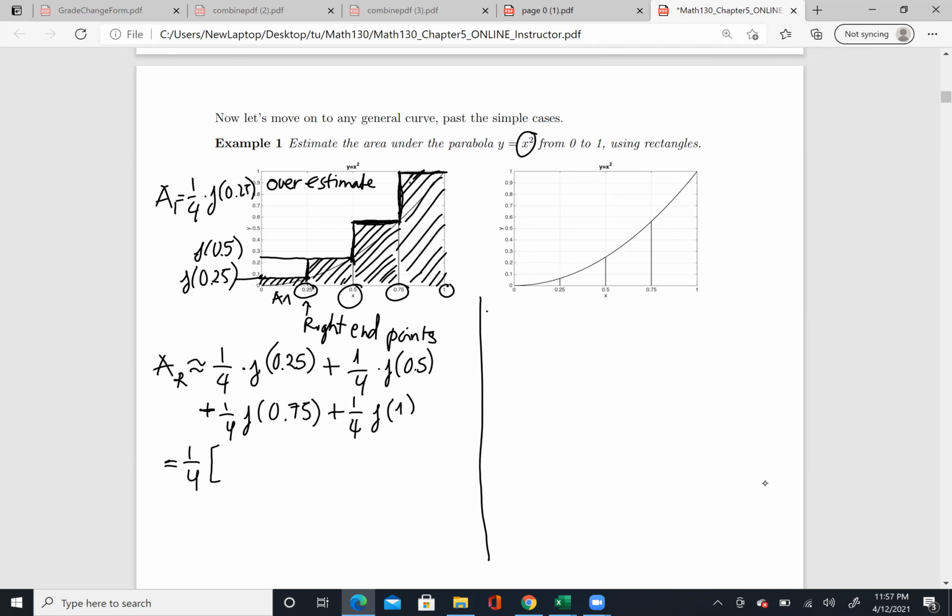I will let you work on the exercise, triangle A, and number 9 also.